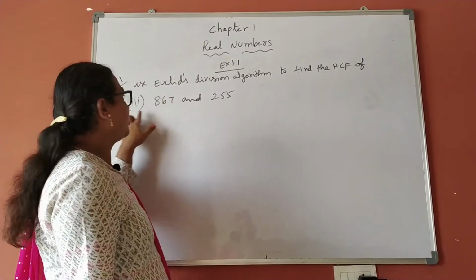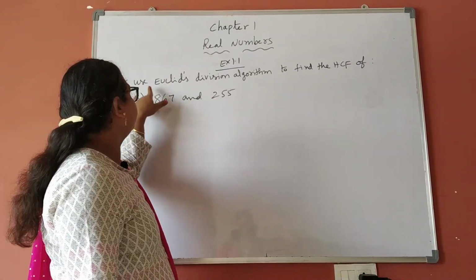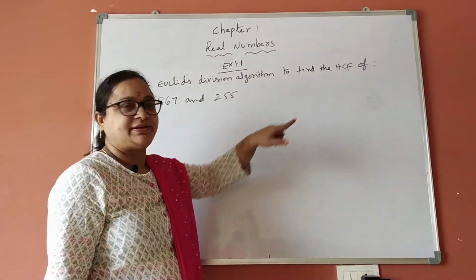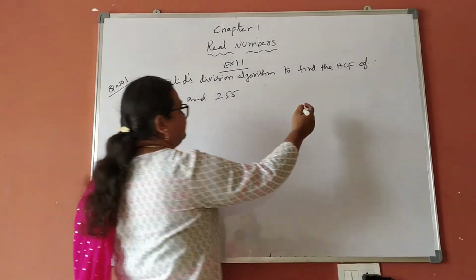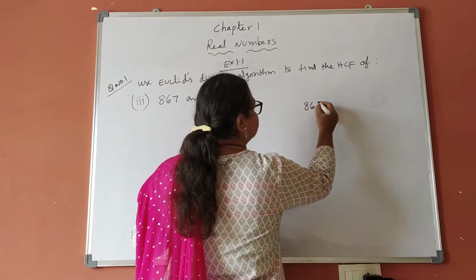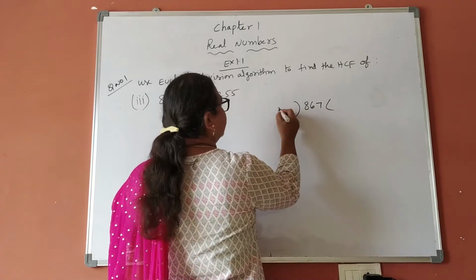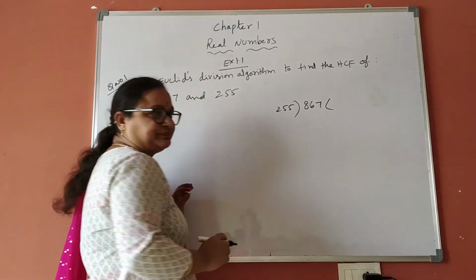Question number 1, part 3. Use Euclid's division algorithm to find the HCF of 867 and 255. 867 is divided by 255.